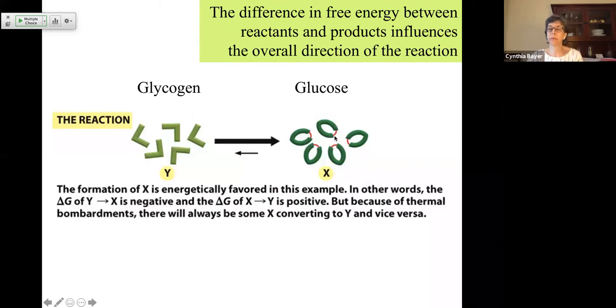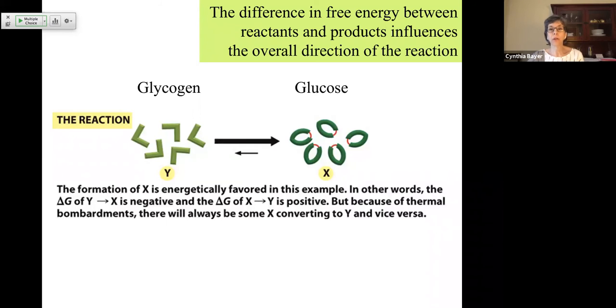X is the lower free energy molecule, glucose. And the energetically favored direction of this reaction is from Y to X, right? There would be the delta G, the change in free energy, delta G would be negative, less than 0, as glycogen is converted to glucose, right? That heavy arrow is showing that that's a spontaneous reaction.